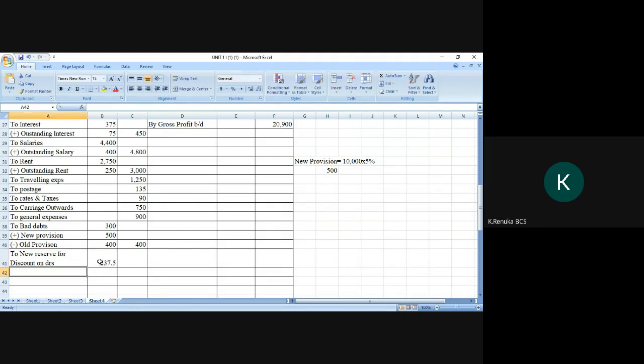You will be getting the values in points. Then you need to reduce the old reserve for discount on debtors, which has been given in your question.